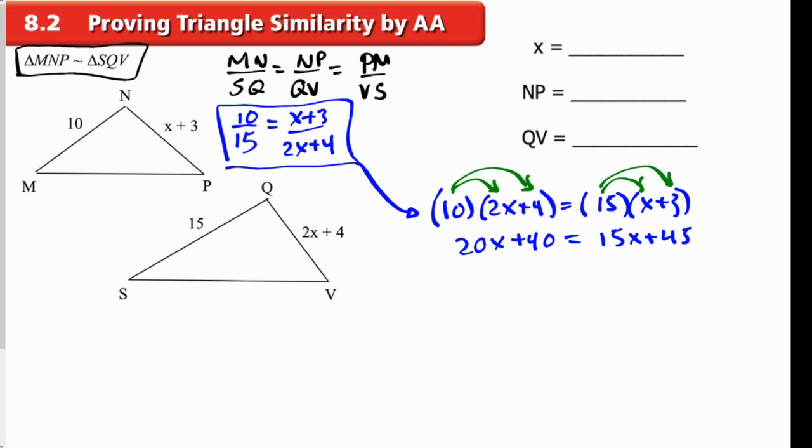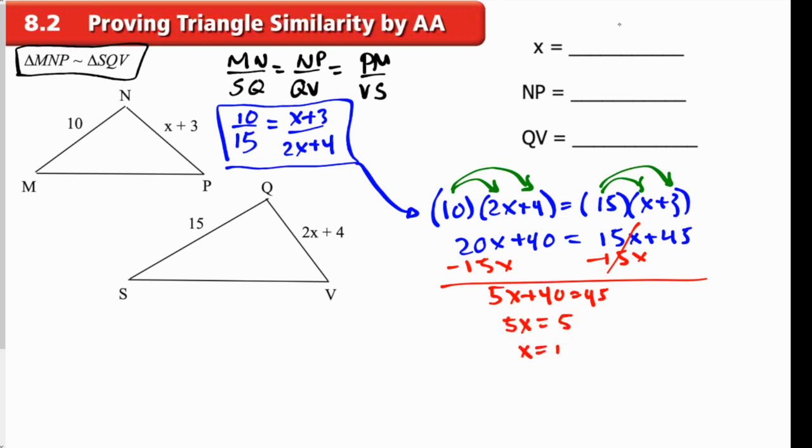Let's get the X's together on one side and the constants on the other. Subtract 40 from both sides. We get X is 1. And if we plug that into NP, 1 plus 3 is 4. And if we plug that into QV, 2 times 1 plus 4 is 6.